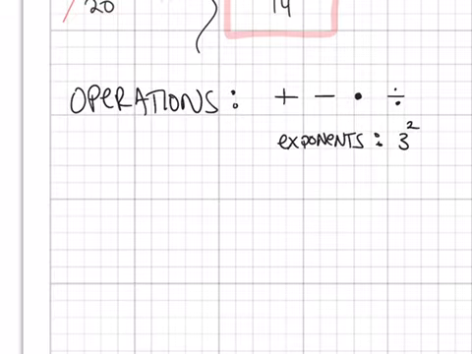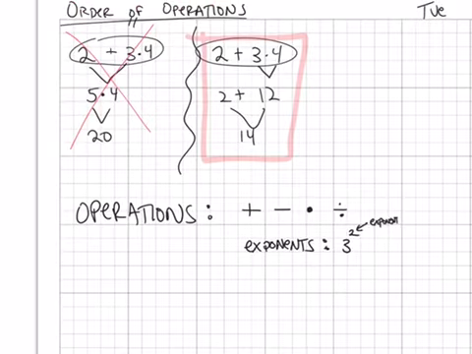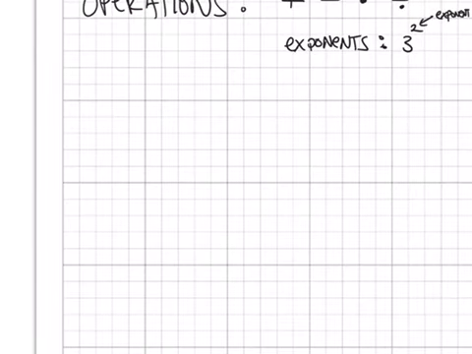Okay? This thing right here is an exponent, the 2. An order of operations is basically about deciding how to perform these operations when you have options about what order to go in, like in the opening example. So let's hop right to it.